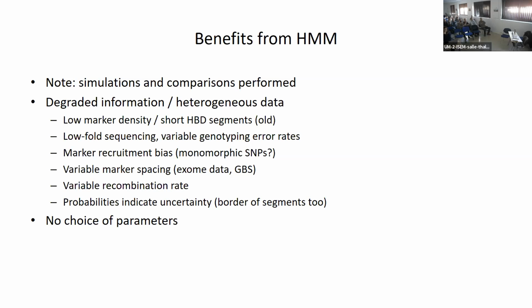In cases, for instance, when you have a lower marker density, a variable genotyping error rate, variable missing marker spacing, an example would be exome data, even variable recombination rate. And what is really nice is that you have a probability that indicates how confident you are that this is truly an HBD segment or not, and you have fewer choices of parameters.